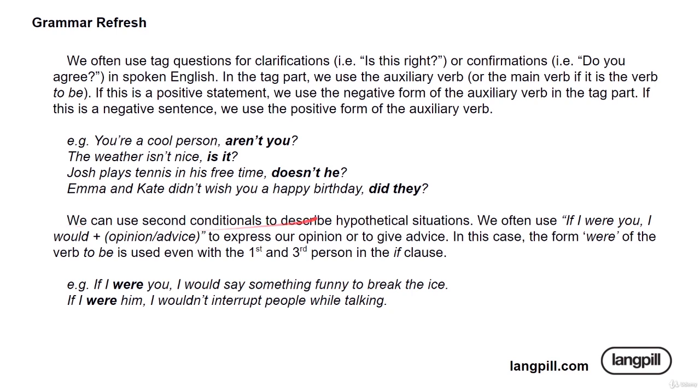The structure we use is: if I were you, I would, and then you add your opinion or your advice, or something that you think you would do in that situation.